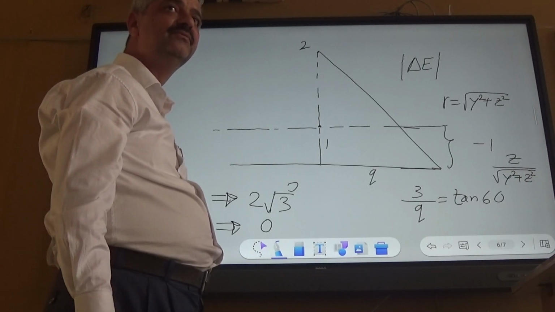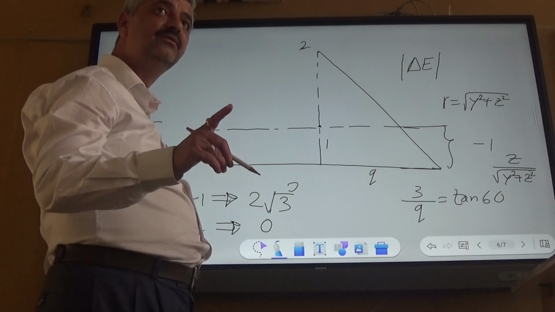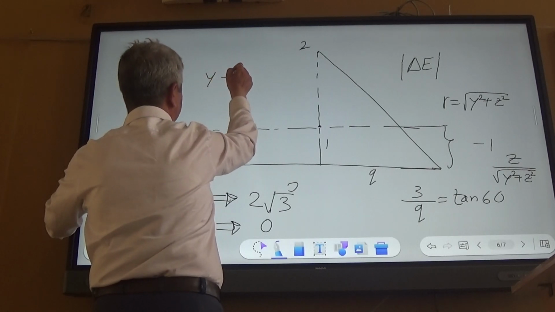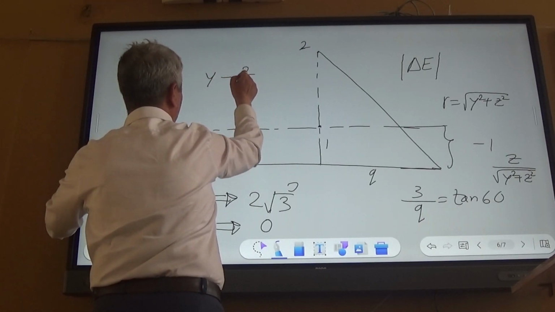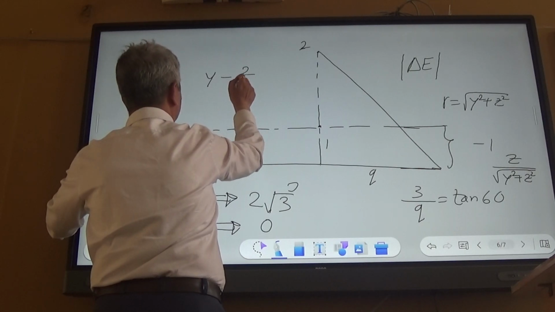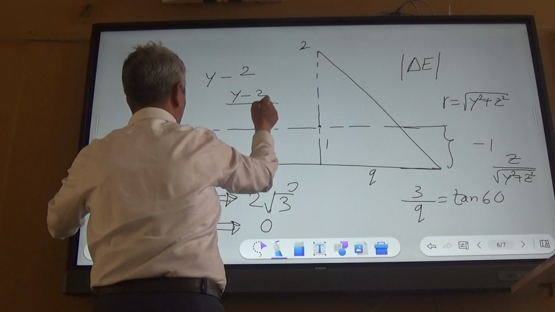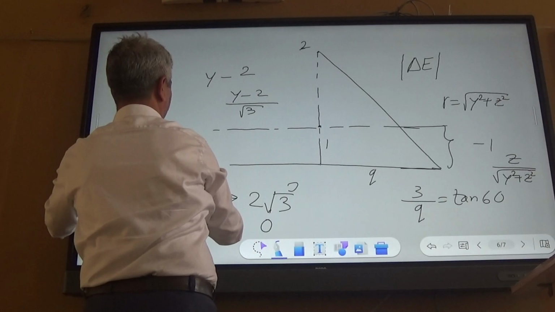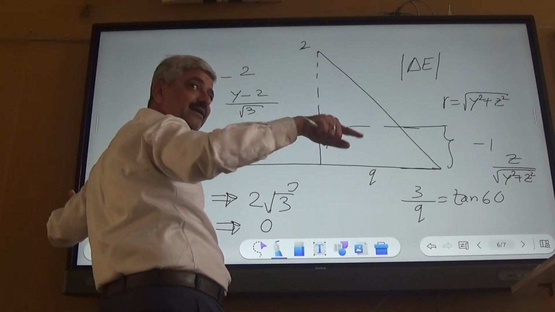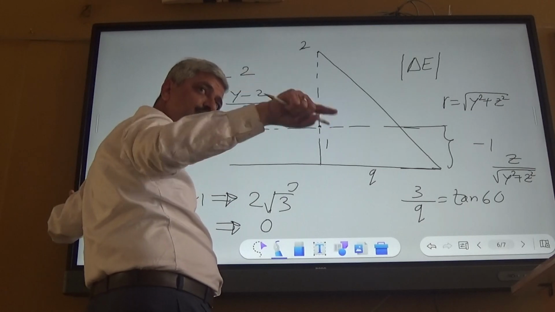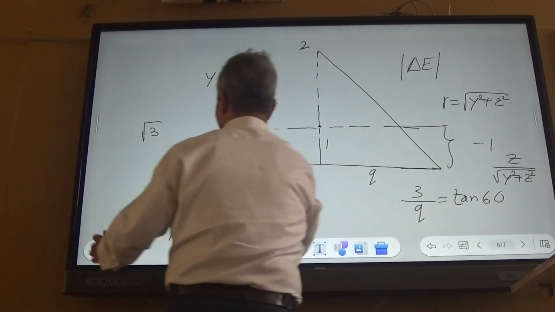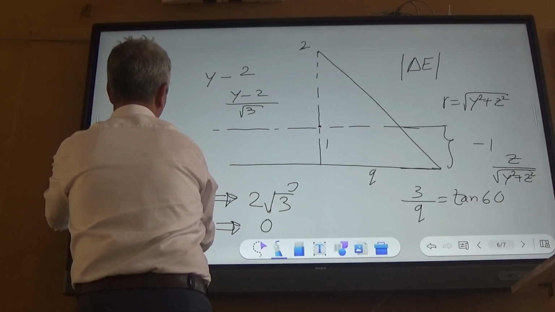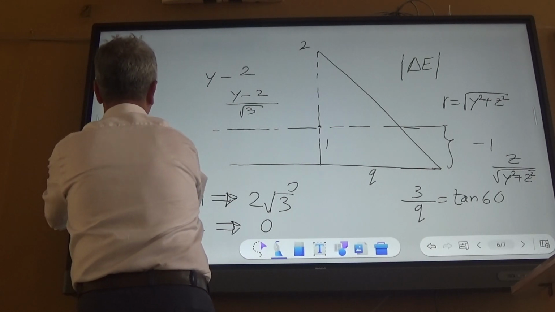Y minus 2 upon root 3 when y equal to 2 minus y, right? So the limits are: upper limit is 2 minus y upon root 3. Is it correct?